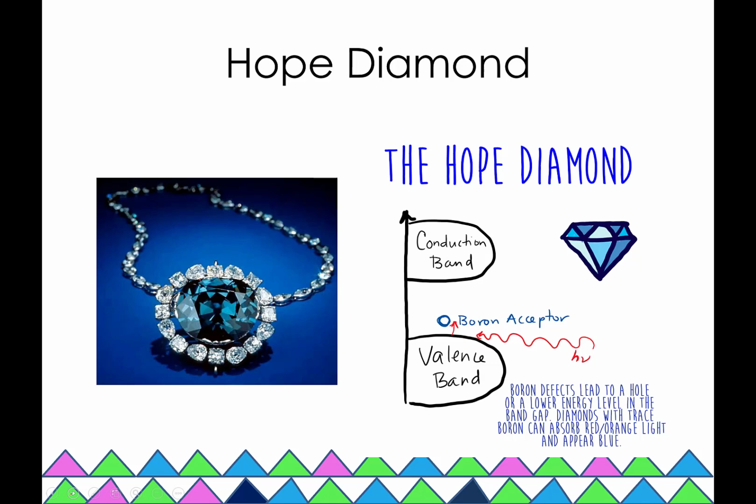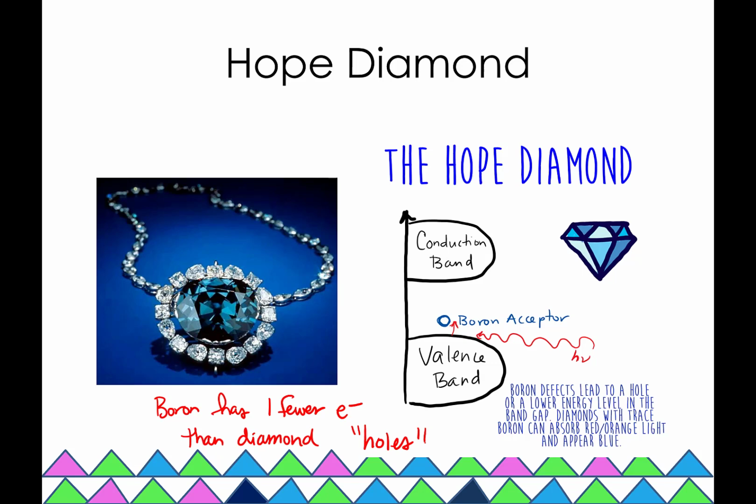So the Hope diamond has boron impurities. So boron has one fewer electron than carbon in diamond. So essentially, it creates holes in the diamond structure.